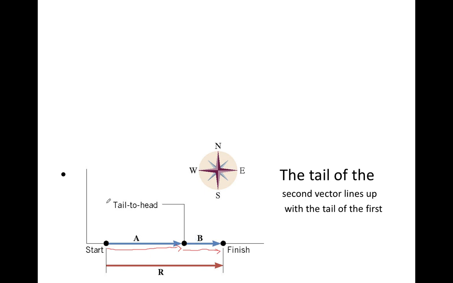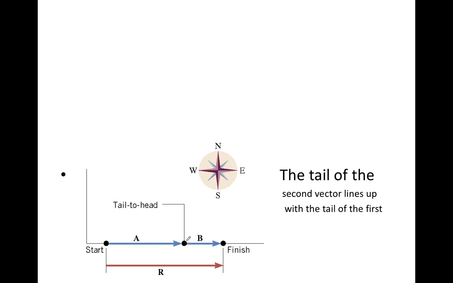And we say that we use the tail to head method. This is the method you will be using for all vector addition problems. You add the tail of the second vector to the head of the first vector.